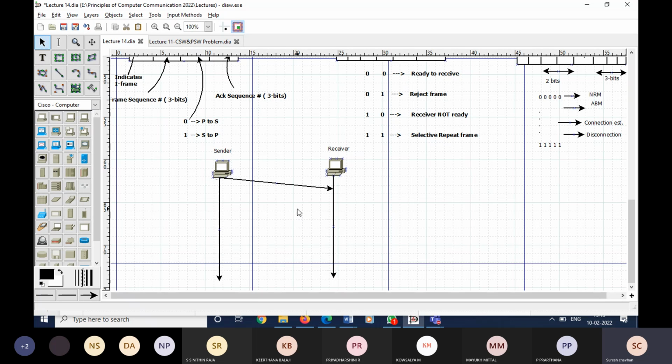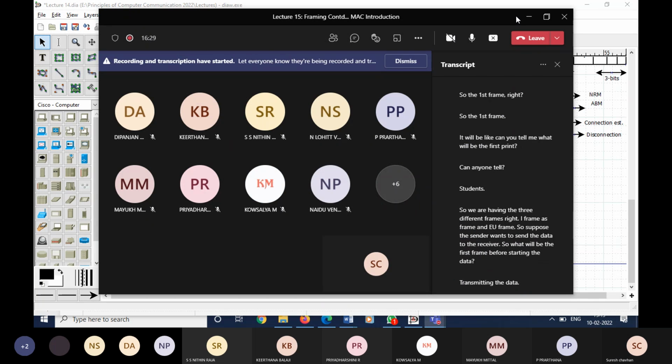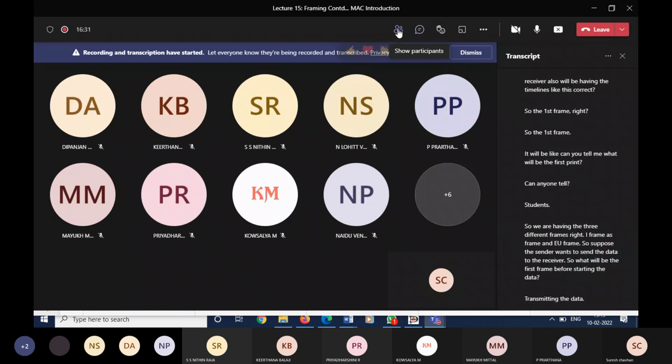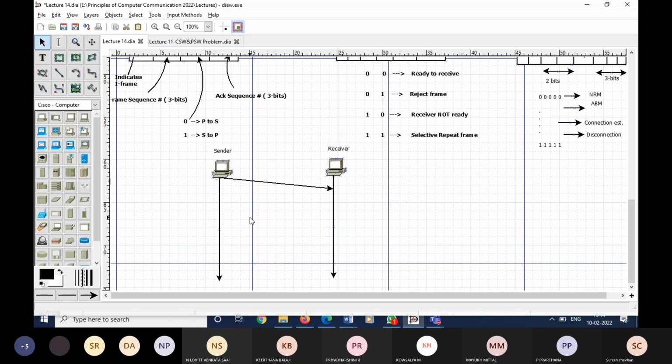What will be the first frame before starting to transmit the data? Please, can anyone tell me?